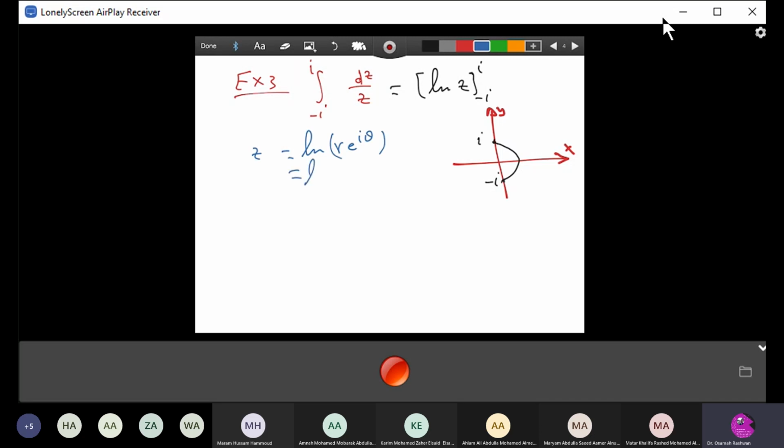From the ln properties, this is ln r plus ln e to the i theta, if you like to write it like this.